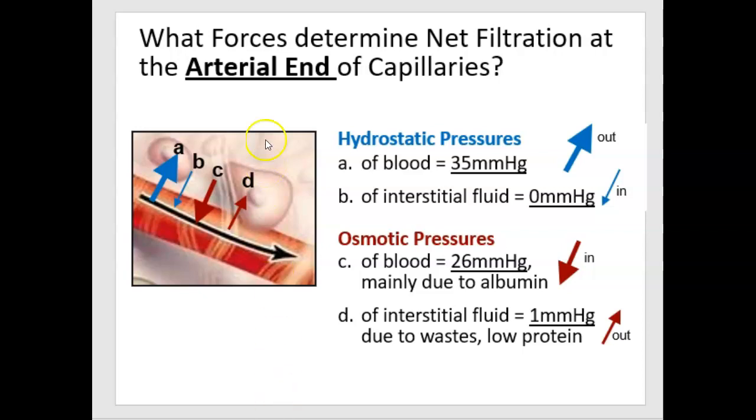Okay, just focusing on the arterial end of the capillaries, let's look at what forces are involved to cause net filtration.